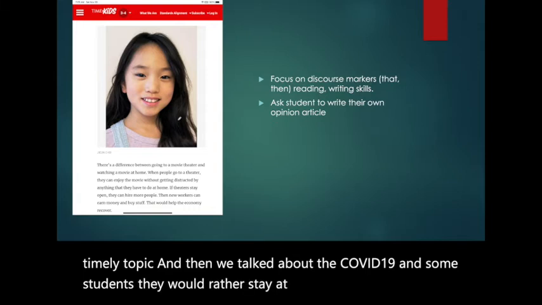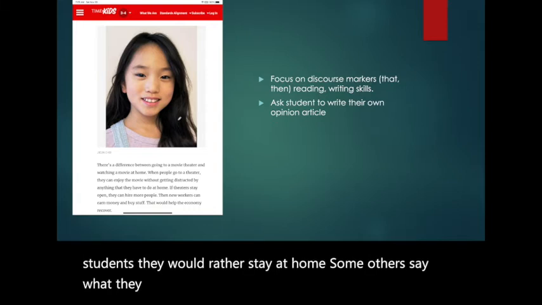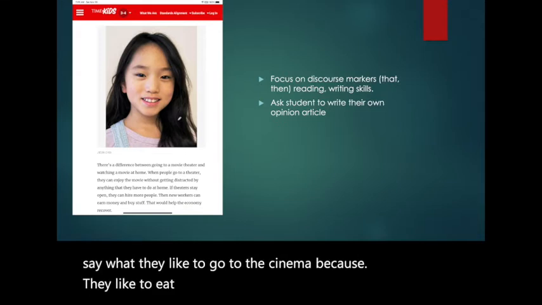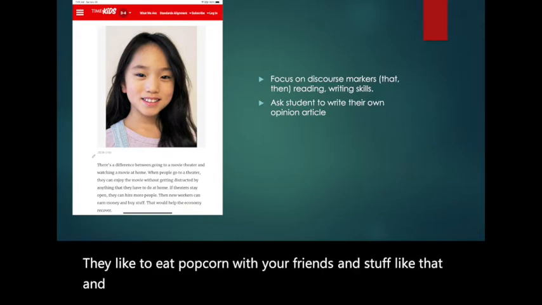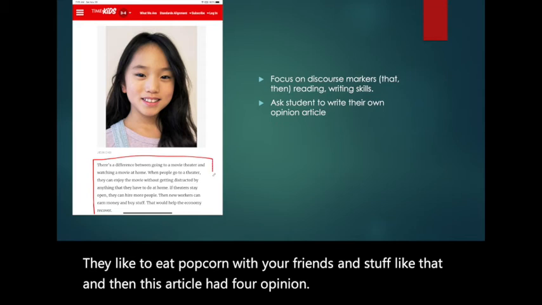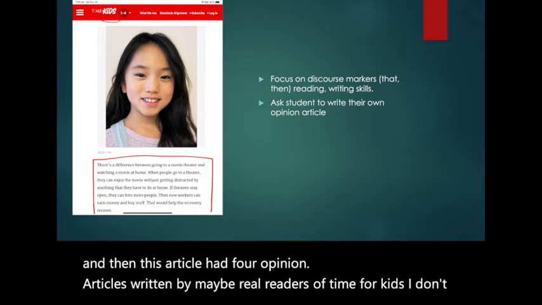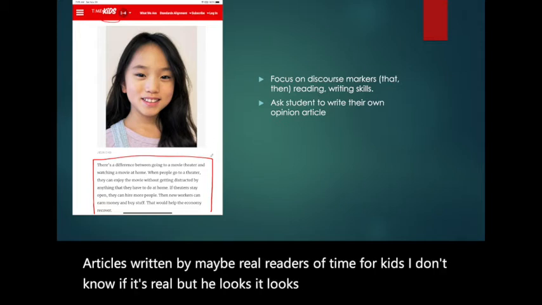Some others said they like to go to the cinema because they like to eat popcorn with their friends and stuff like that. And then this article had four opinion articles written by maybe real readers of Time for Kids. I don't know if they're real, but they look real anyway for my learners.